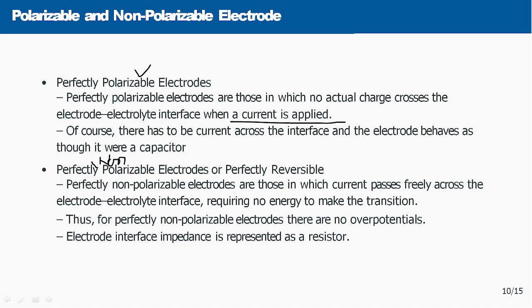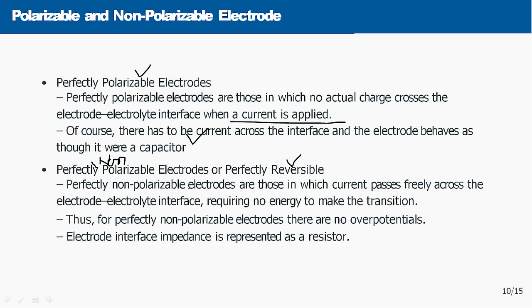There is only displacement current across the interface and the electrode behaves as though it were a capacitor. But non-polarizable electrodes are perfectly reversible, which means once we remove the external source, they will again repolarize.